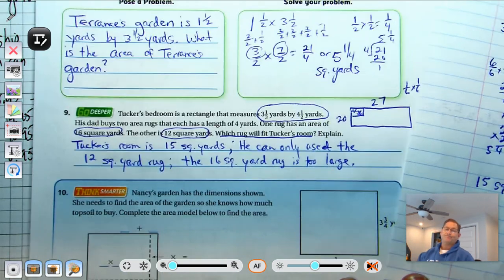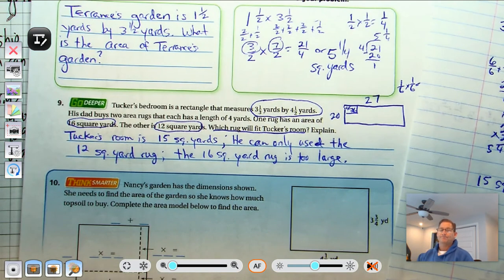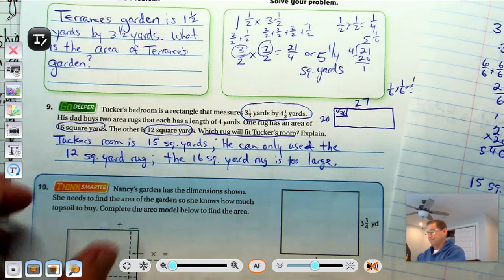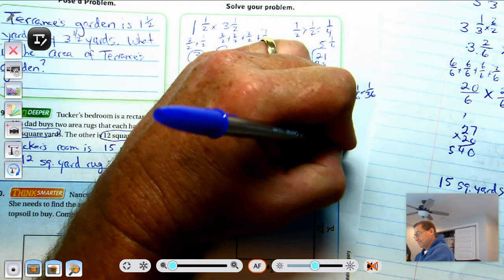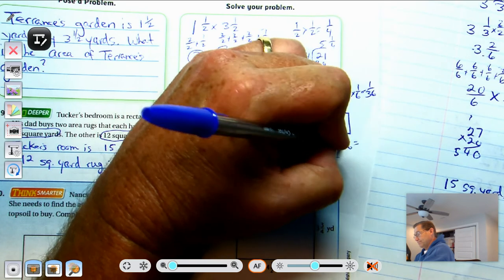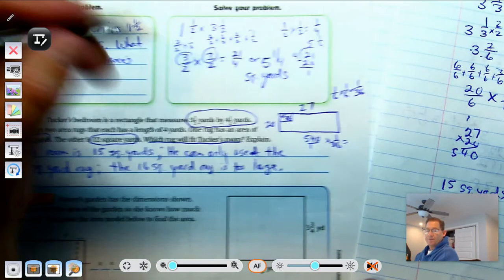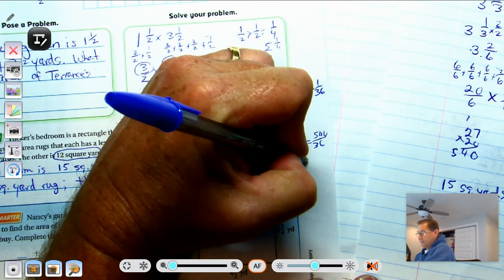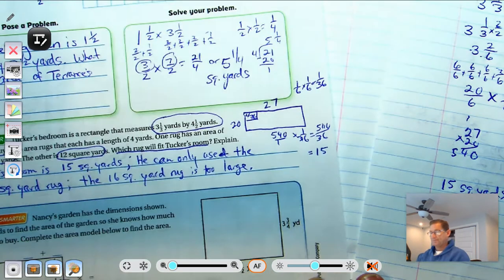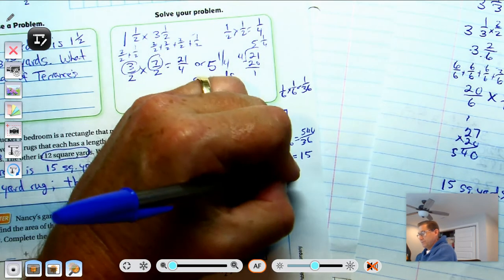Okay. 540 times 1 divided by 36 equals 15 square yards.